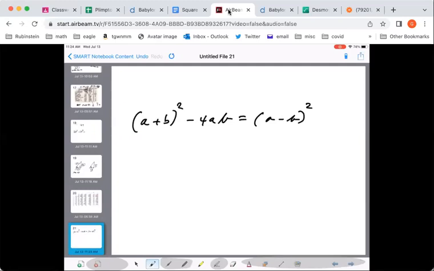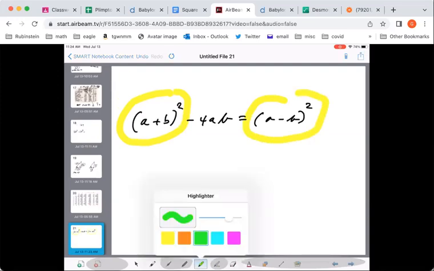That was their great achievement, to notice that relationship. And then they did stuff with it, including creating Pythagorean triples. Do you see how this formula resembles a Pythagorean triple? This is a perfect square. This is a perfect square. This thing isn't.